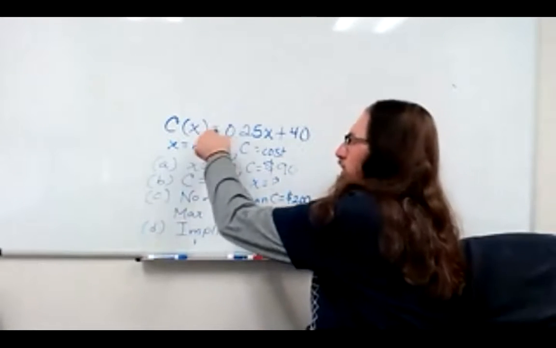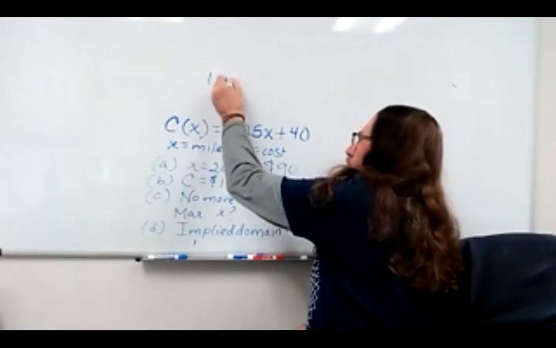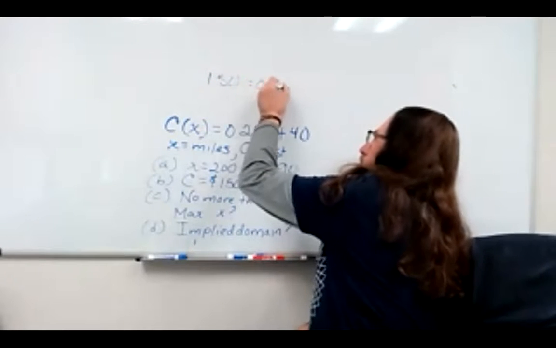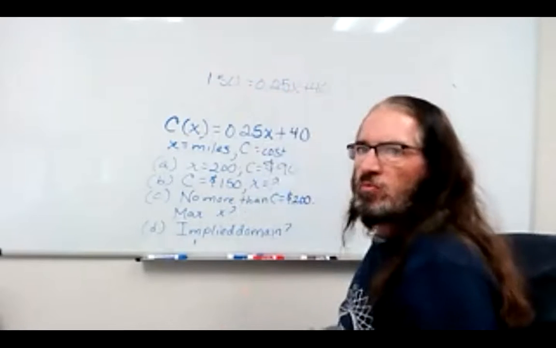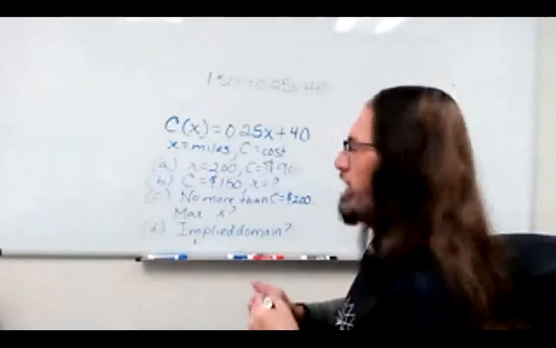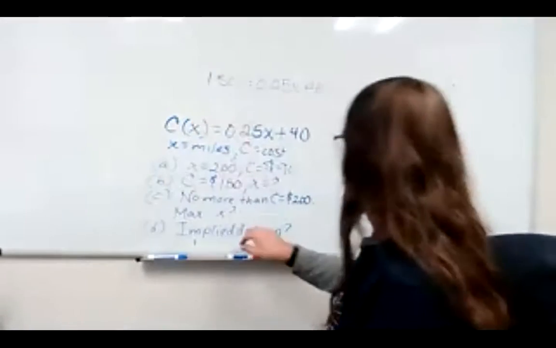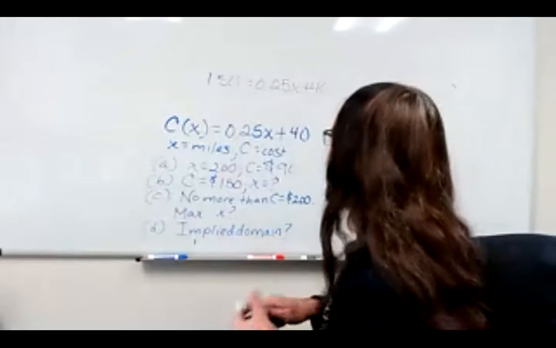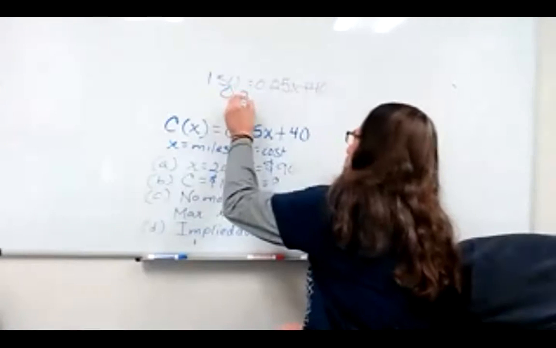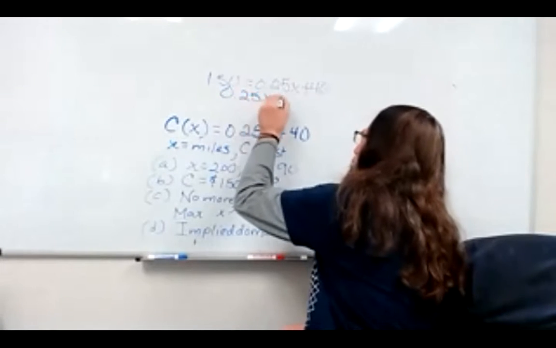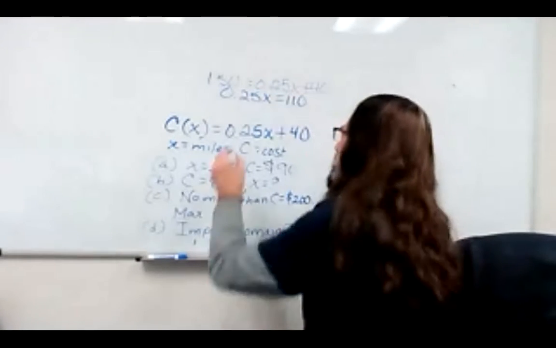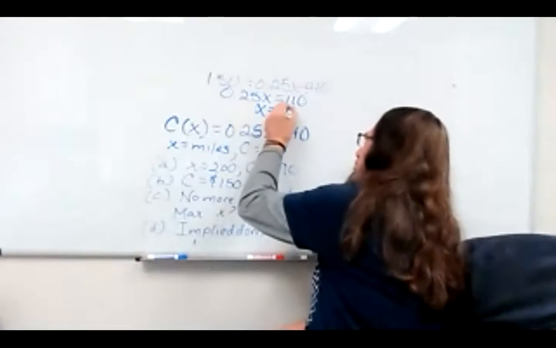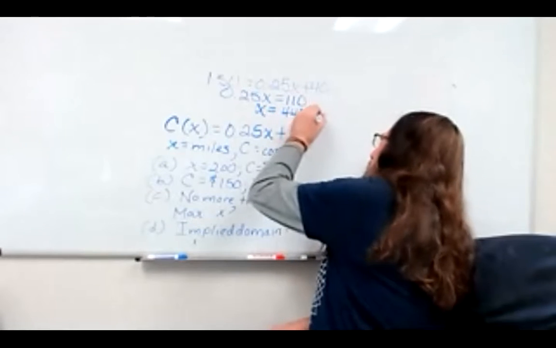So putting 150 over here, subtract 40 from both sides, 0.25x equals 110. And when you divide 110 by 0.25, that should be 440 miles.